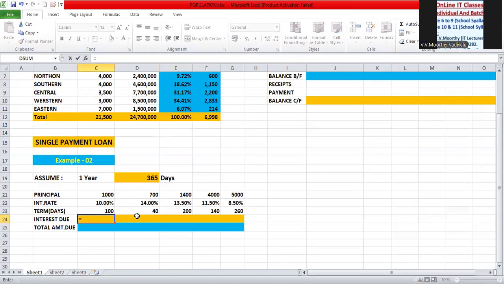Equal 1000 into interest rate, into 100, divided by 365. Then going to copy. So fixed value 365.